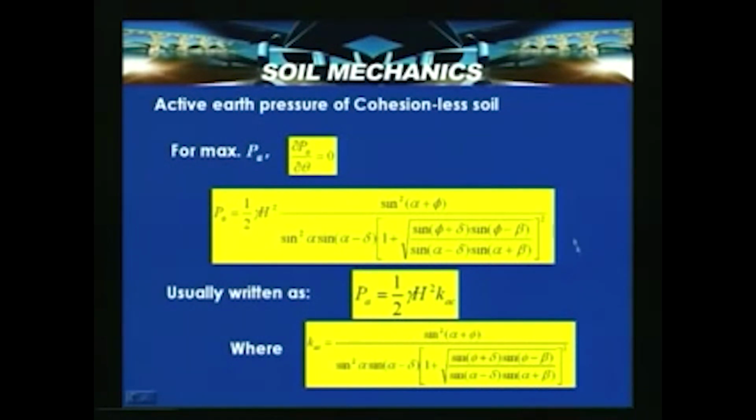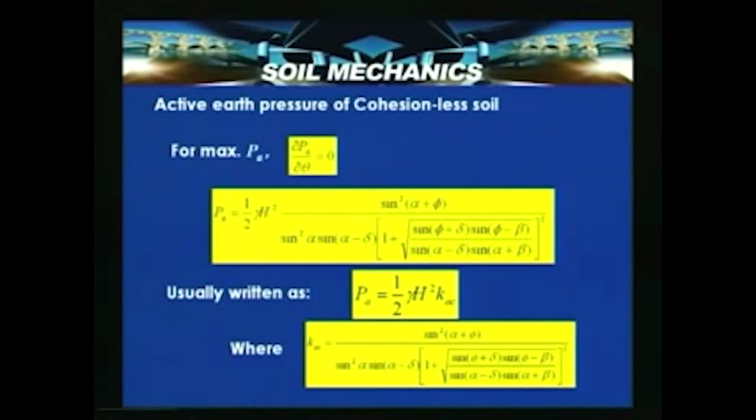This KAC, this particular portion, is indicated as Coulomb's active earth pressure coefficient, where alpha is the inclination of the wall face with the horizontal, and beta is the inclination of the slope surface or backfill surface with the horizontal. Then we have wall friction angle, which can be positive wall friction or negative wall friction.